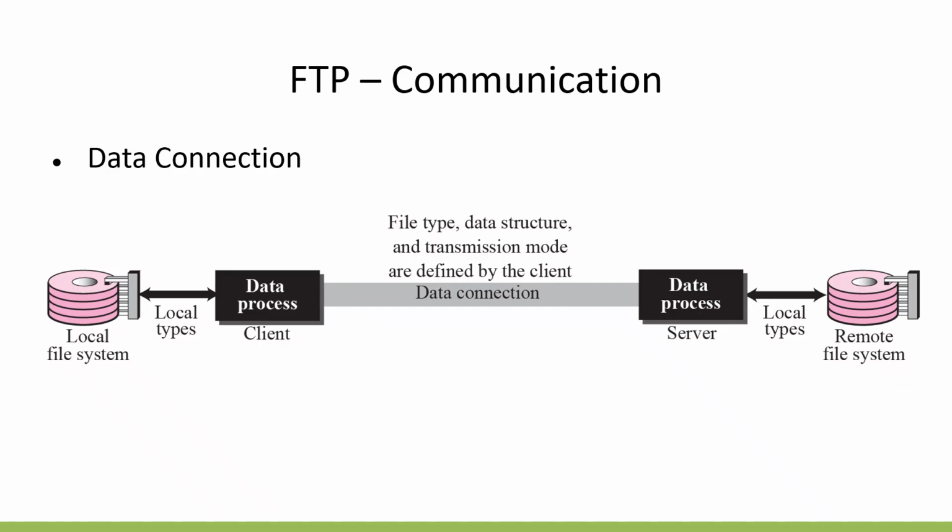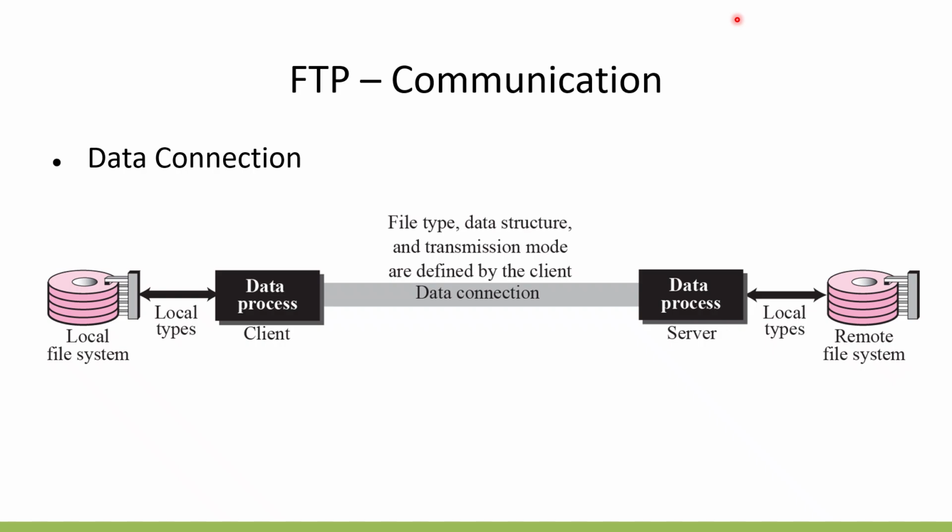Before any file transfer begins, the client specifies three important attributes: the type of file, the data structure, and the transmission mode. These settings ensure that both systems understand how the data should be sent and received.